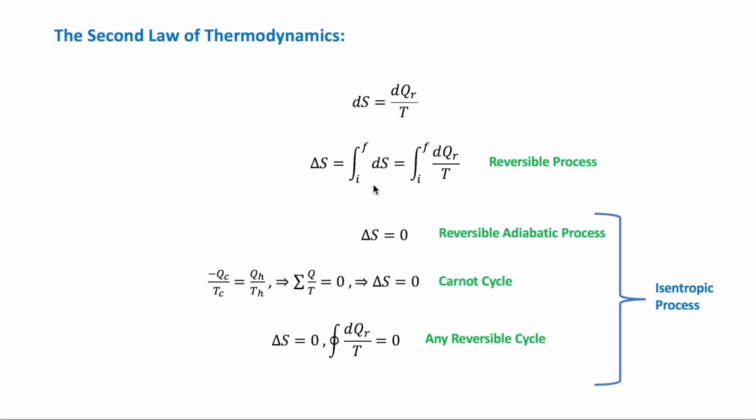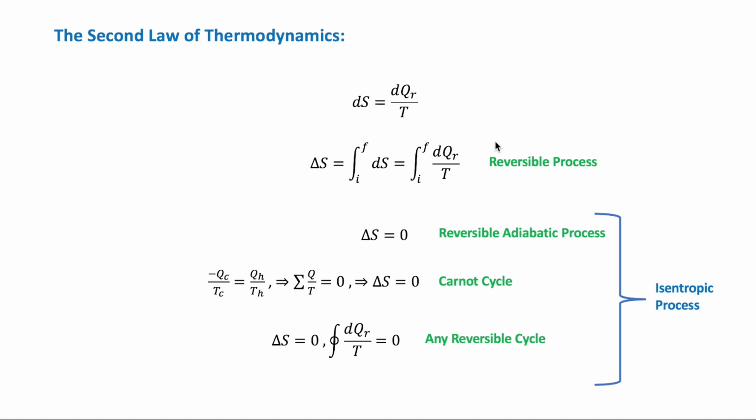So even though we defined entropy here in terms of a reversible process, even if the system follows an irreversible path between the same initial and final states, the change in entropy would be the same as the one in the reversible process if we have the same initial and final states. So if you have an irreversible process and you want to calculate the change in entropy, you need to define a reversible process between the same initial and final states and calculate the entropy. Okay.